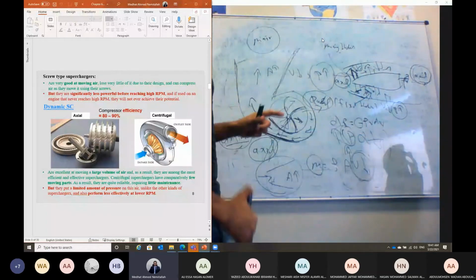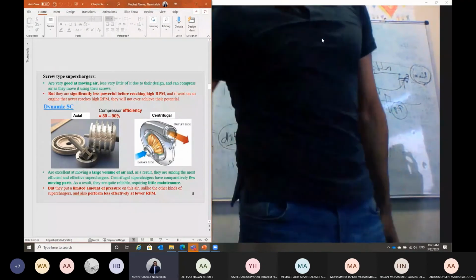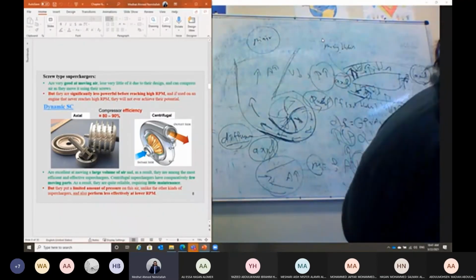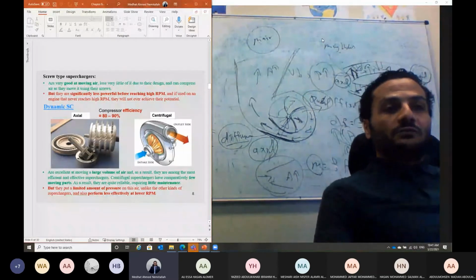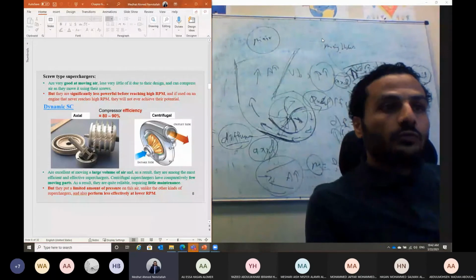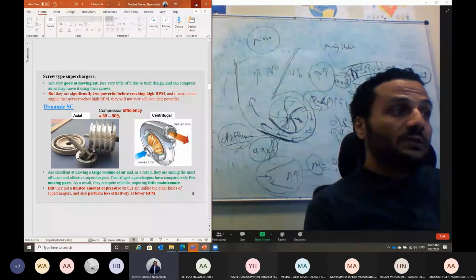This design, either axial or centrifugal, we call a dynamic flow compressor. Dynamic flow means we are generating a tangential flow velocity, and with this tangential flow velocity, we can force the flow to go through a diffuser-shaped design, and then we can build the pressure within the system.